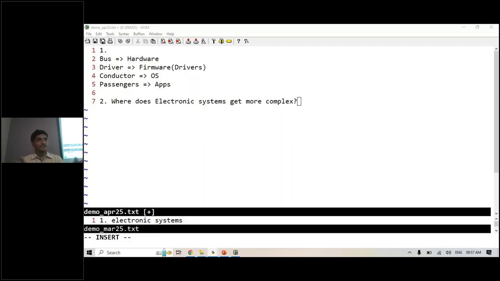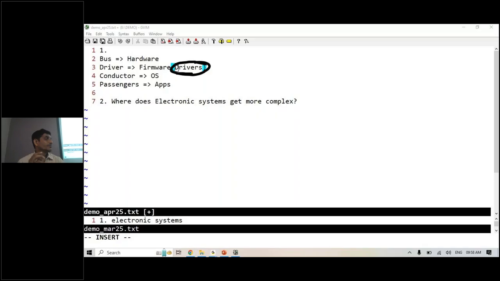What is that one thing? The bus is the only thing to control. In case of hardware, my firmware has to control many things actually. Firmware has to control USB behavior, SD card behavior. So a lot of things that go into the phone, it has to control. So that is where it's not driver, it is plural. Drivers.